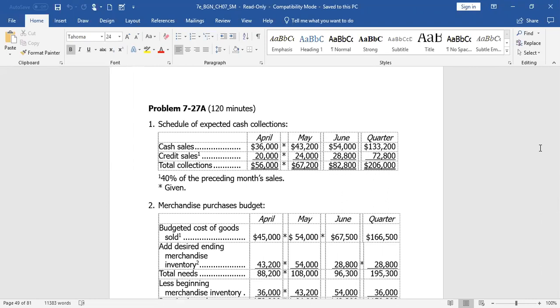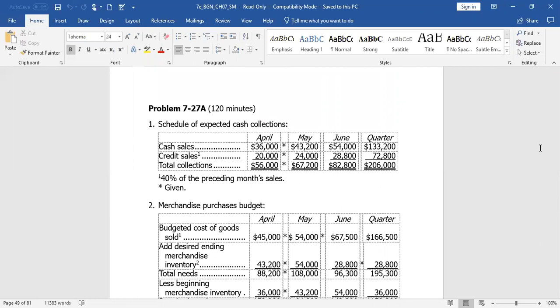So let's go back to our information on page 339 to find out what are the assumptions being used to determine expected cash collections from customers. If you go to item C, sales are 60% for cash during the month and 40% on credit. Credit sales are collected in the month following the sale.